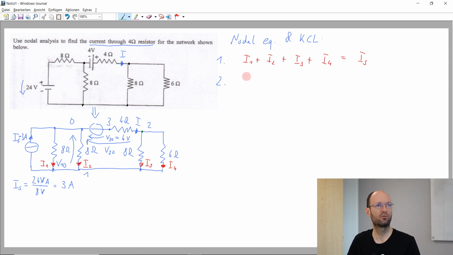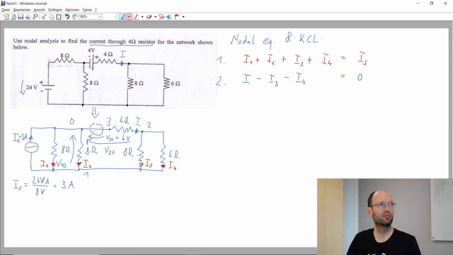So this time I will write I minus I3 minus I4 equals 0. Why do I write this on the other side? Because this is a known quantity. All the other quantities are unknown. So I've ordered this a little bit in a way that these are the unknown currents, these are known currents.